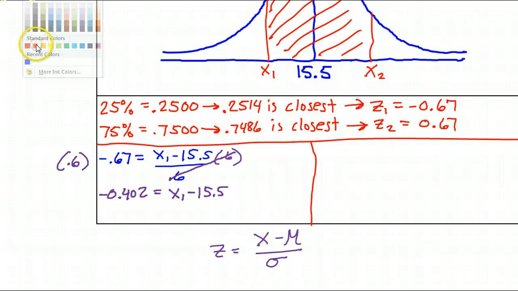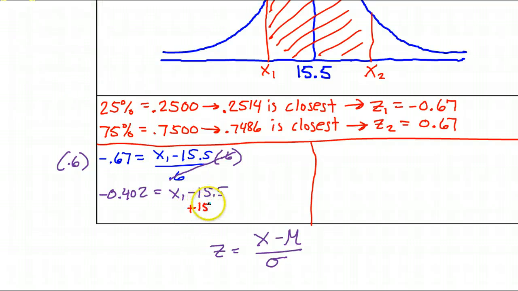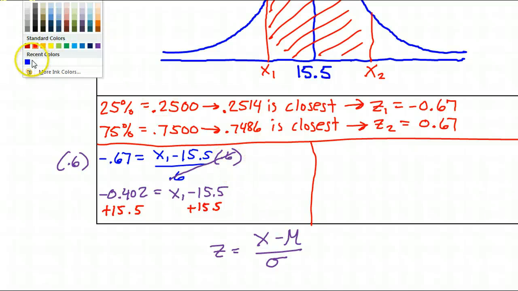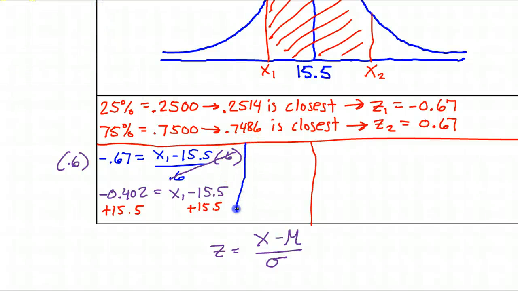Then I'm going to add 15.5 to both sides, so that's going to give me x1. So I can just do plus 15.5 right now. I'm getting 15.098.